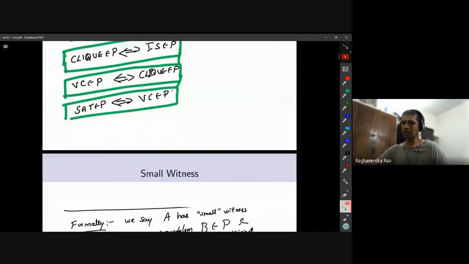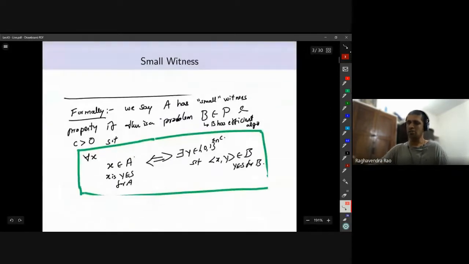Now looking at their structure, though we don't really have an algorithm which solves the problem in polynomial time, they have the following property: they have short witnesses. By short I mean polynomial length witnesses, which are verifiable in polynomial time.